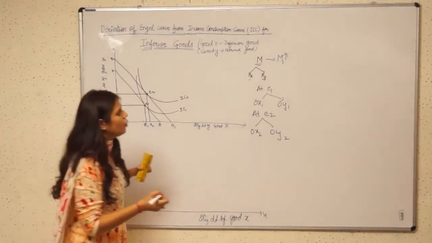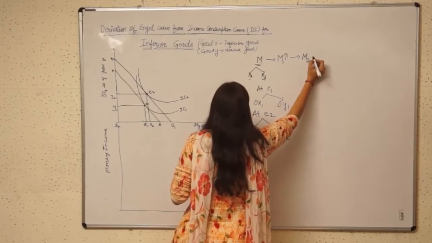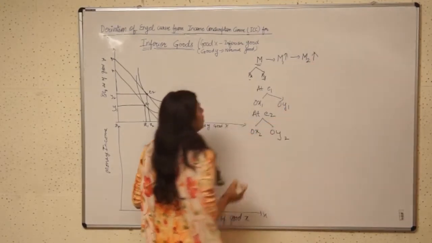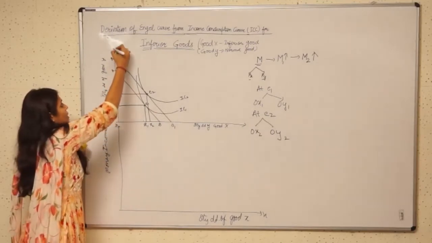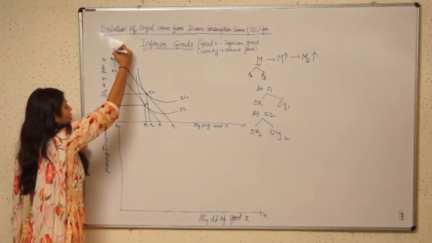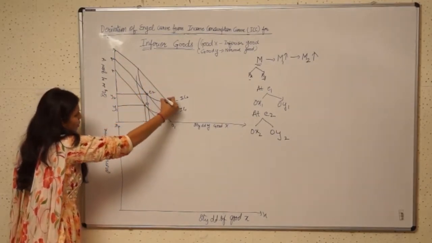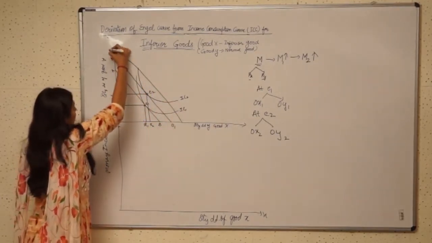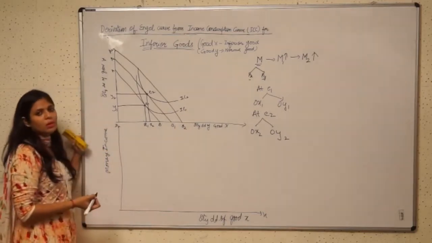Now once again I assume that there is an increase in the money income of a consumer from M1 to M2. Now again budget line will have a parallel shift outward from A1, B1 to A2, B2.